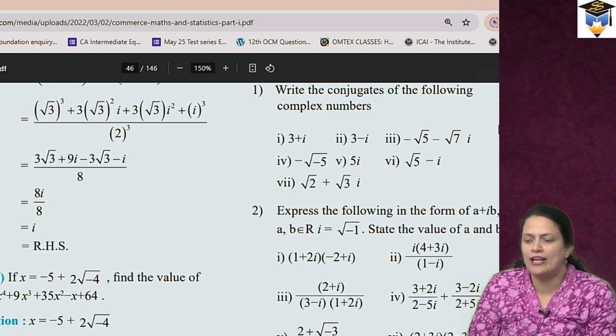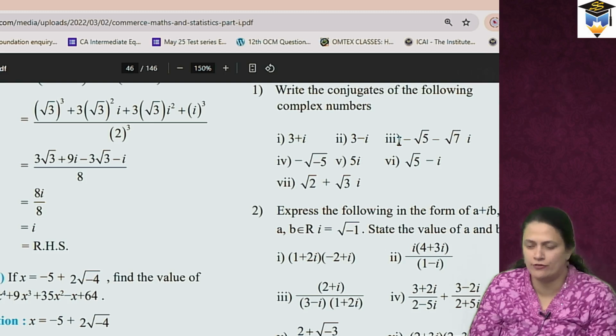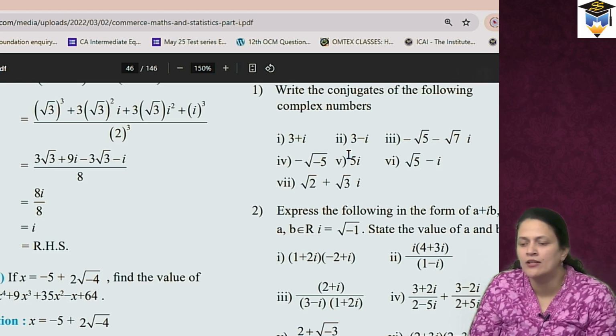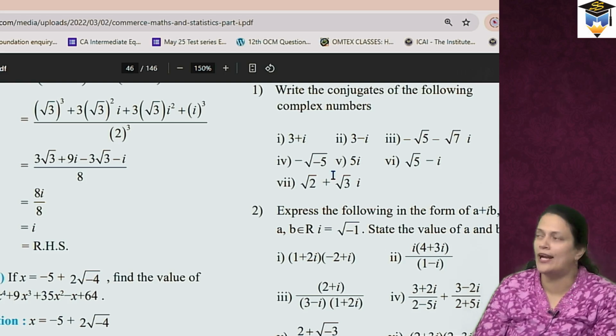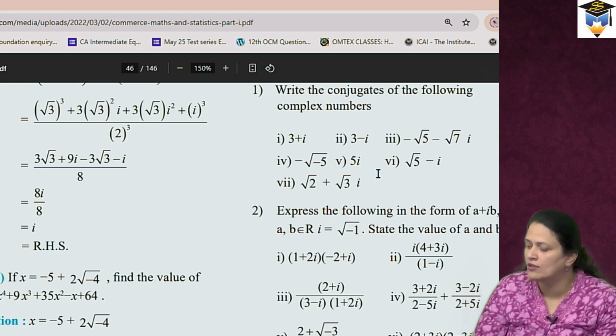Minus root 5 minus root 7i conjugate will be minus root 5 plus root 7i. This is going to be the same because there is no imaginary number. This is going to be 5 minus 5i. This conjugate is going to be root 5 plus i. This will be root 2 minus root 3i. Okay, so this is done orally only.